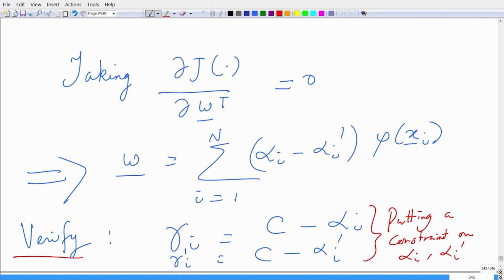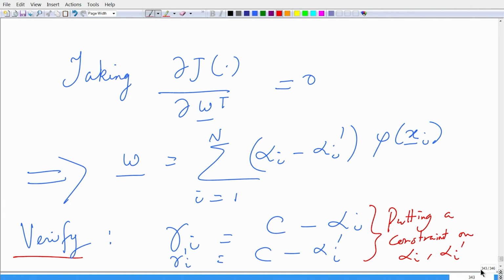You can straightforwardly verify that gamma i and gamma i prime are linked to alpha i and alpha i prime through this constant C, and that puts the constraint on alpha i and alpha i prime.